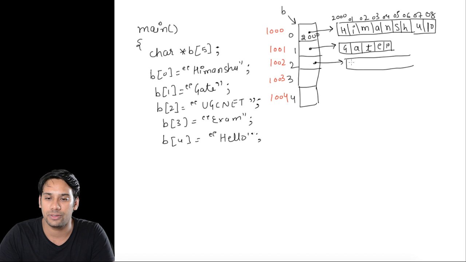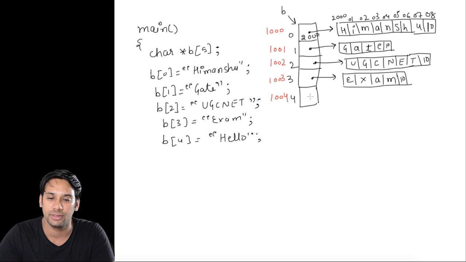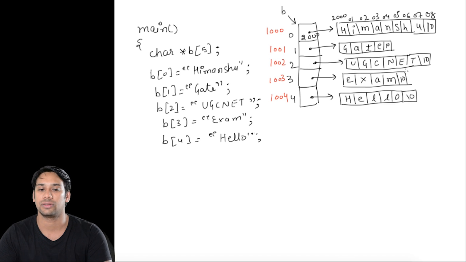So it is U G C N E T and this null character, and this is pointing to this, which is E X A M and this null character, and this is pointing to this, which is hello. Okay, H E L L O and this null character, right?